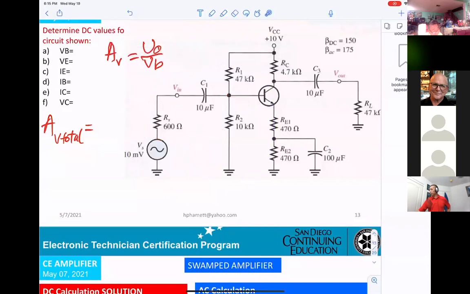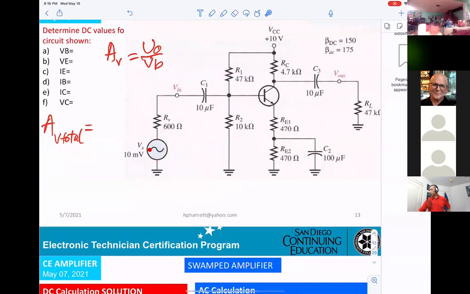Okay, what I want to make sure you understand: when you calculate the gain for the transistor here, it will be V out divided by VB, not V here.